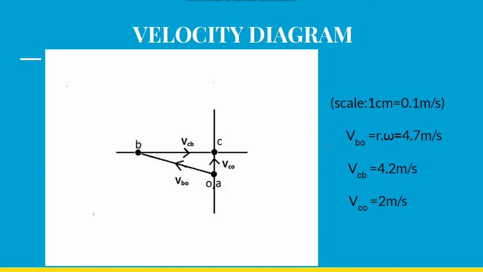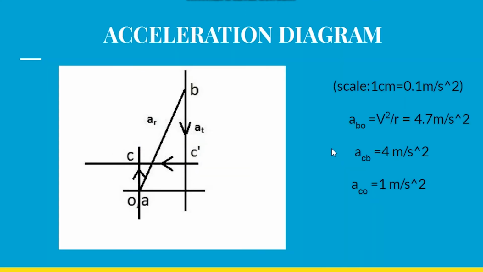Next, calculating the acceleration diagram. We now know the velocity of each link, and thus we can calculate the acceleration diagram from it. The steps are as follows. We calculate the centripetal acceleration of B with respect to A, and EB, that is the leg, will be rotating with a constant angular velocity, so it only has a centripetal acceleration. Then we consider the centripetal acceleration of C with respect to B, as we have the angular velocity of C with respect to B, but we do not have the tangential acceleration of C with respect to B, so we sketch a horizontal line from C dash.